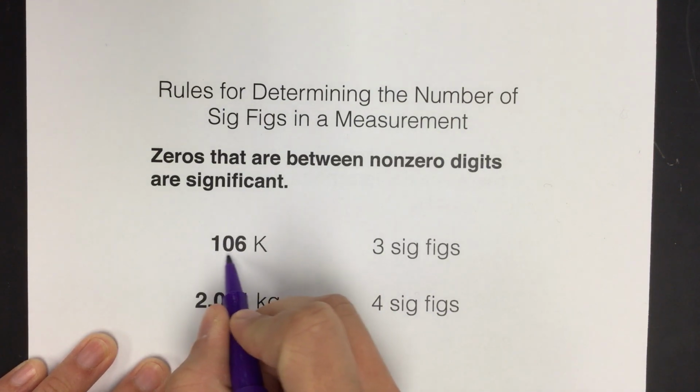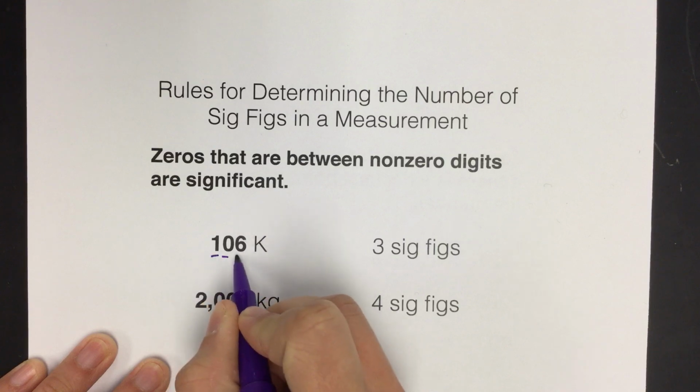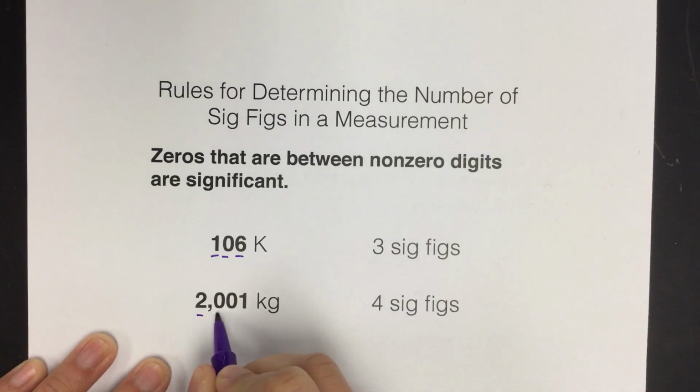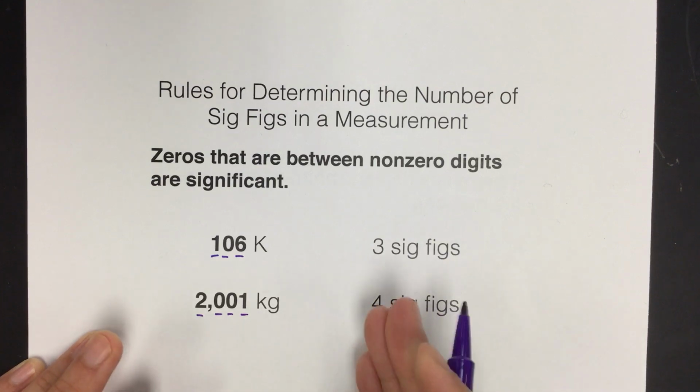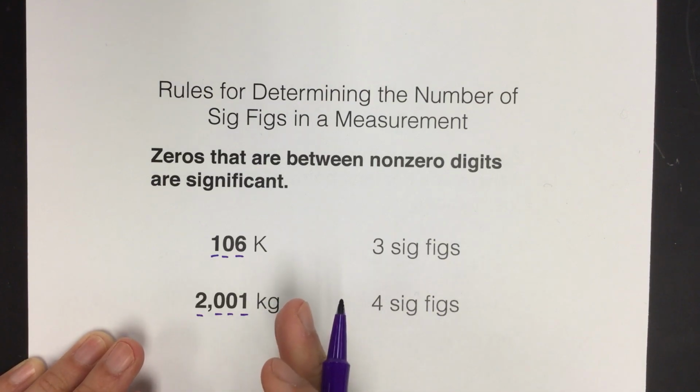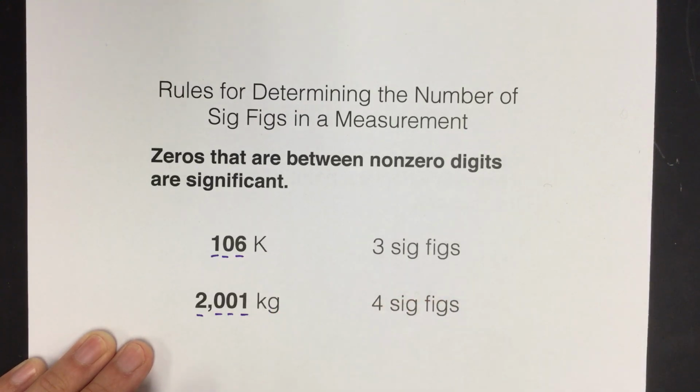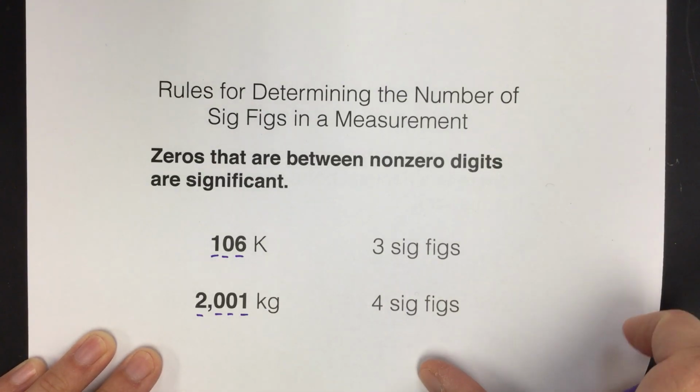So a number like this, that zero is sandwiched between non-zero digits, so it makes it significant. And you could put a bunch of zeros in there, like this number 2001. Those two zeros in the middle are being sandwiched by the 2 and the 1 on either end, and so it makes the zeros significant. So you'll see in the next couple of rules that zeros are where things get tricky, but zeros that are sandwiched should be pretty clear that they are significant.